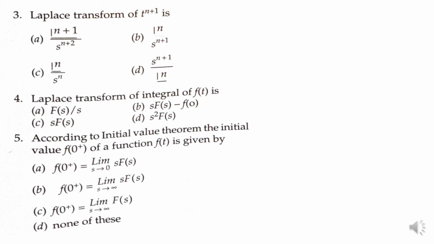Laplace transform of t power n plus 1. So what is the formula? Laplace transform of t power n plus 1 is equal to n plus 1 factorial divided by s power n plus 1 plus 1. So the answer is n plus 1 factorial divided by s power n plus 2.